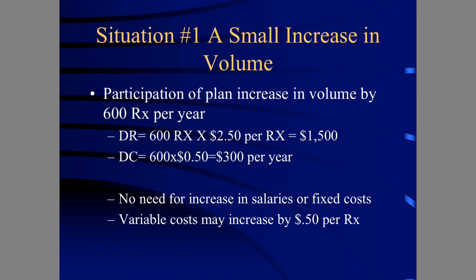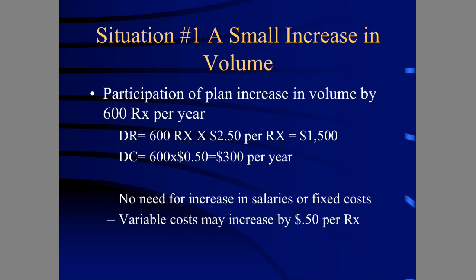So, getting back to our example, say that we decide to participate in the plan and it will increase our volume by 600 prescriptions per year. Well, our direct revenue would be the 600 prescriptions per year plus the dispensing fee, so that's an additional $1,500.